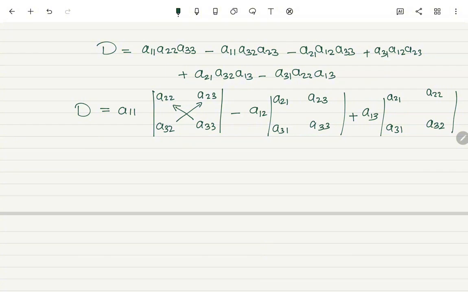Therefore, let's write the general solution for a determinant of order n.